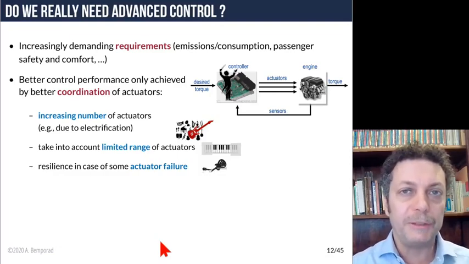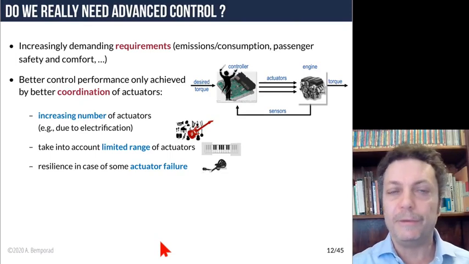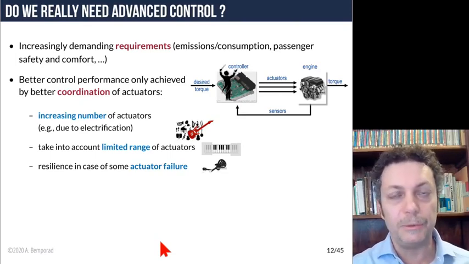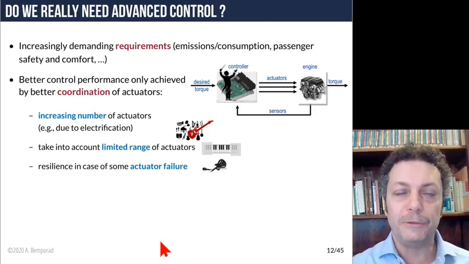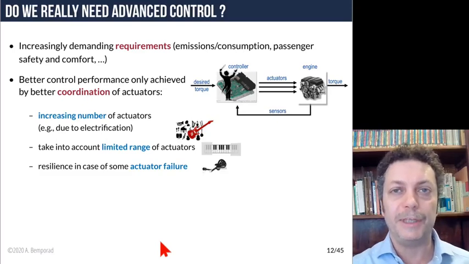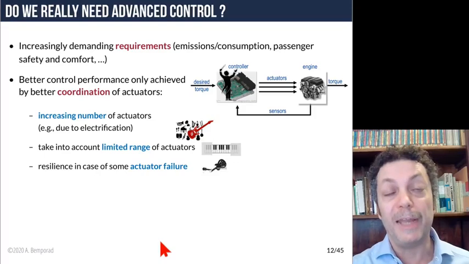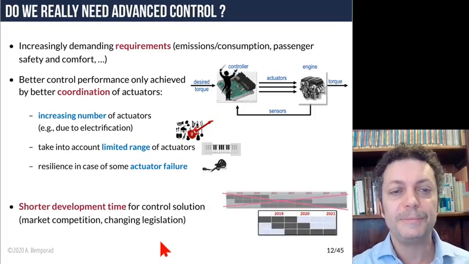Also, the actuators that you use always have a limited range. You would like to use the maximum available power that you can get from the actuators. And also you need resilience in case of actuator failure. So if one of the actuators fails, you will still like the controller to behave at best as it can, given the remaining actuators.